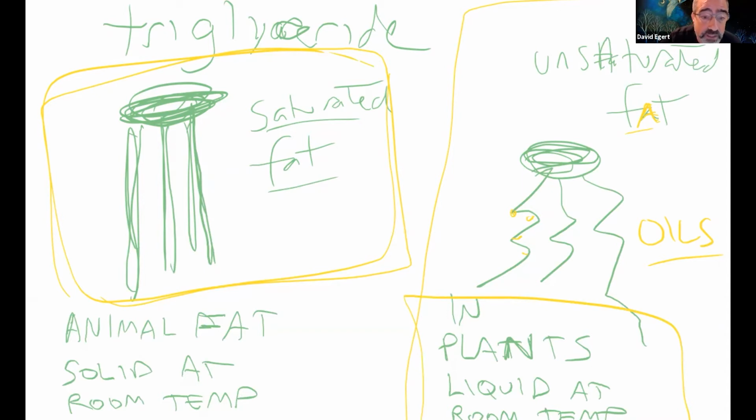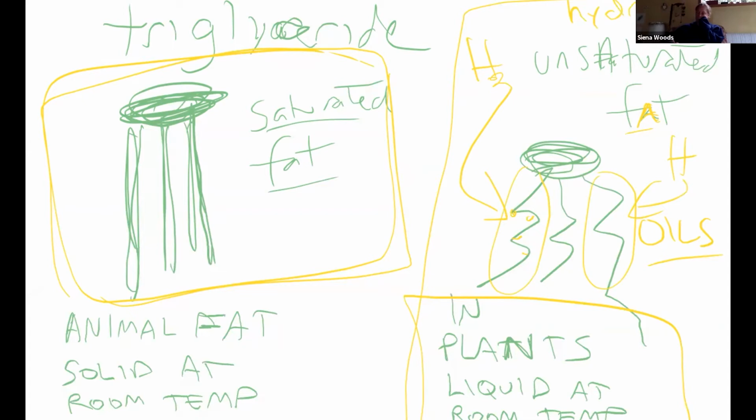So what people did was they had this process known as hydrogenation. They would take hydrogens and slam them onto the tails in the plant oils. So hydrogenation. Let me spell that right. I'm writing too, so let me slow down my writing. Hydrogenation.